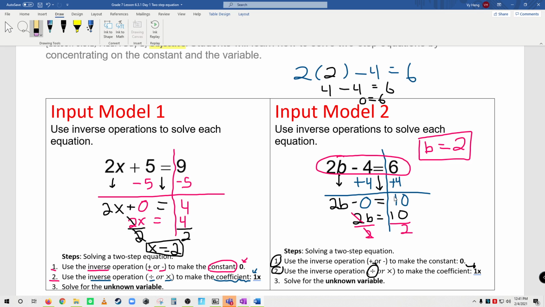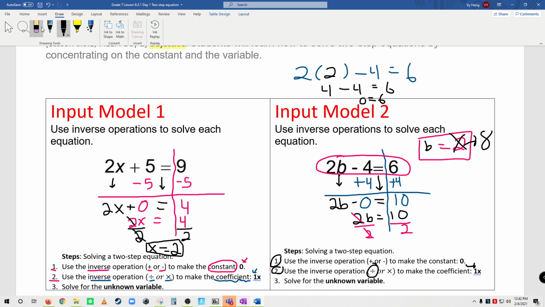And then you get the 10 here, you bring down the 10 again. So now 2b divided by 2 is 1b right here. 1b, right? 10 divided by 2 is what? It's 8. My bad. It should be 8. Oh, I messed up there.